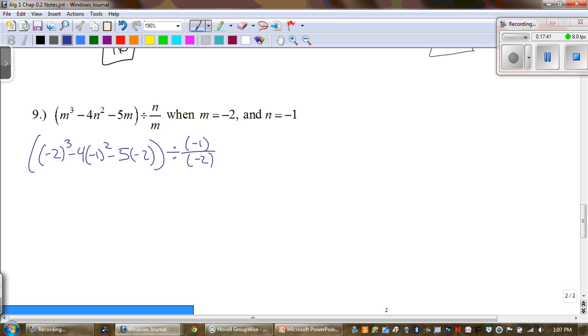Okay? You might be like, whoa, Mr. Grice, there's way too many things going on. Okay? Exponents first. -2 times -2 times -2 gives us -8. -1 times -1 gives us +1.